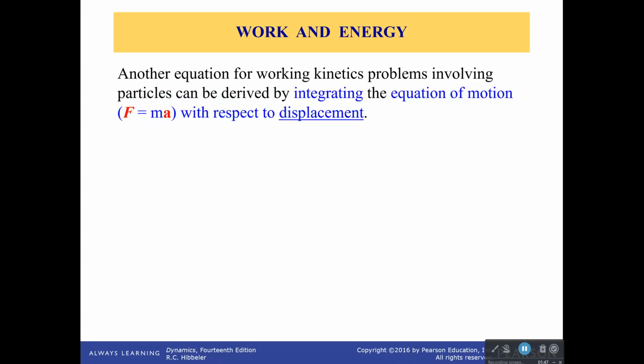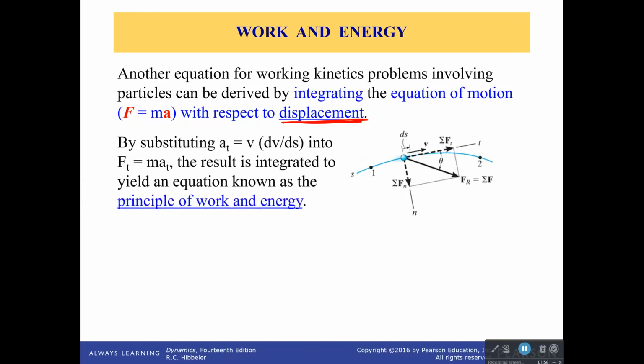So, where do we get the work and energy equations? Well, they're derived by integrating the equation of motion with respect to displacement. We substitute in that our acceleration is equal to our velocity times the change in velocity with the change in path. We know that.